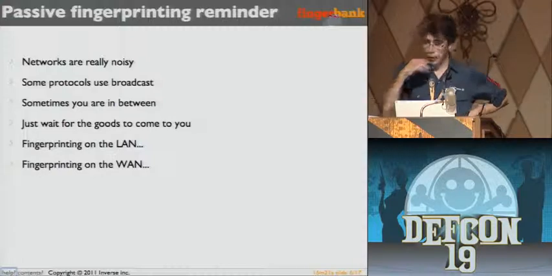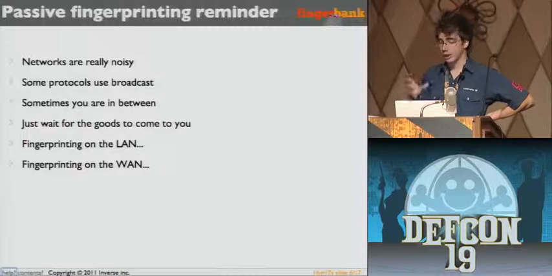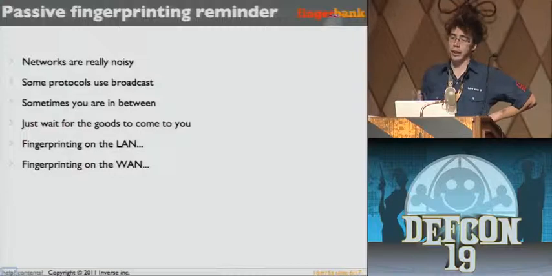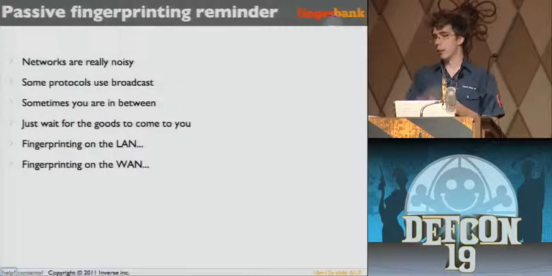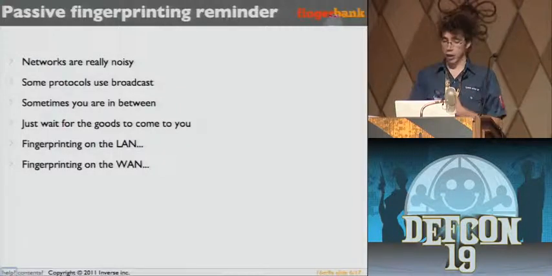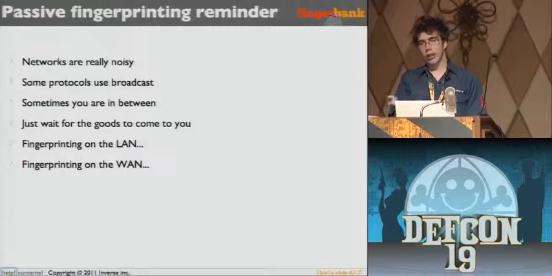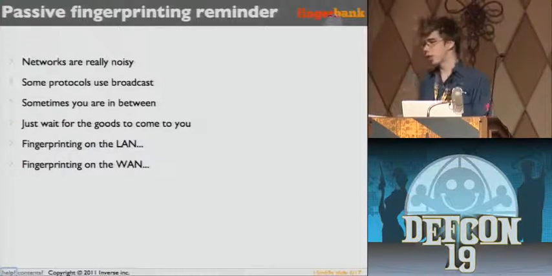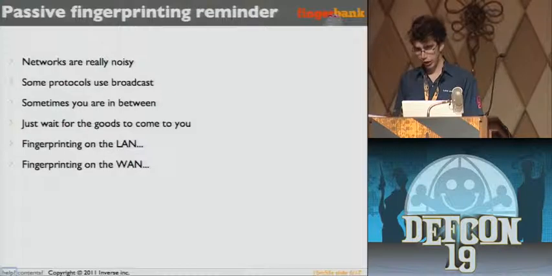If you can sit at a spot like that and sniff traffic, you will see a lot of stuff. Fingerprinting becomes really interesting because you'll be able to identify the operating systems of your guests, the browsers, the version of software, and stuff like that. On the LAN, there is DHCP, a broadcast protocol you can use for fingerprinting.